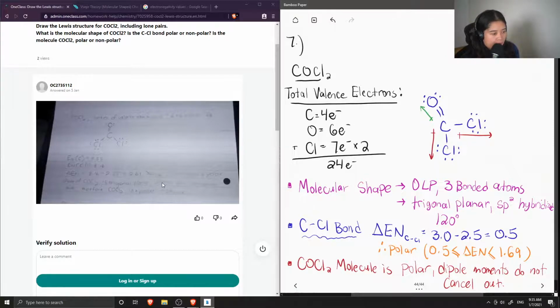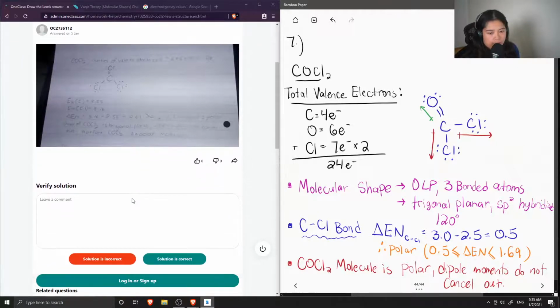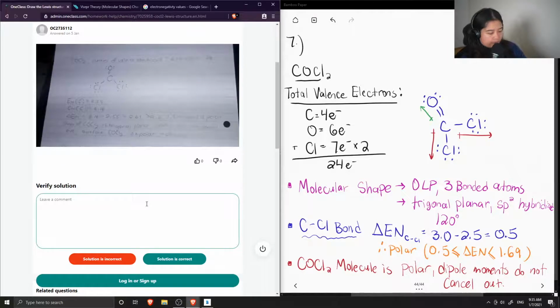So therefore, this carbon-chlorine bond is polar. The shape of the molecule is trigonal planar, and dipoles do not cancel out, therefore the molecule is polar. Yep. So this solution is correct.